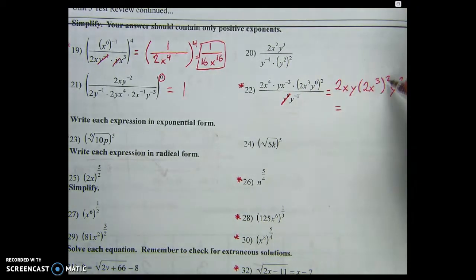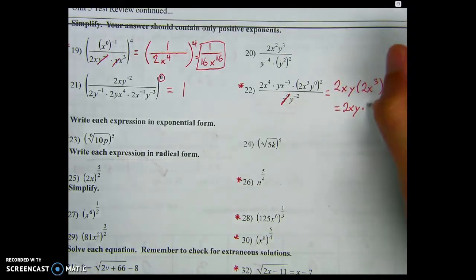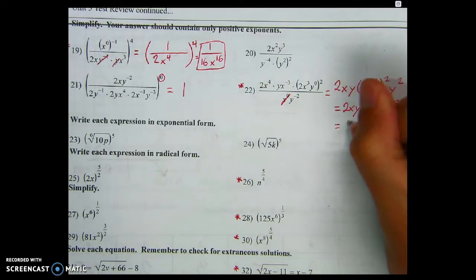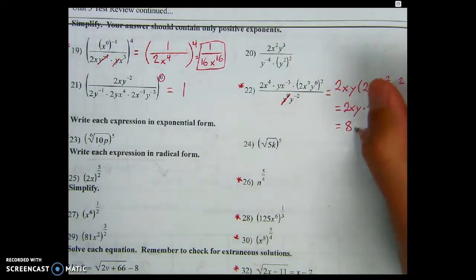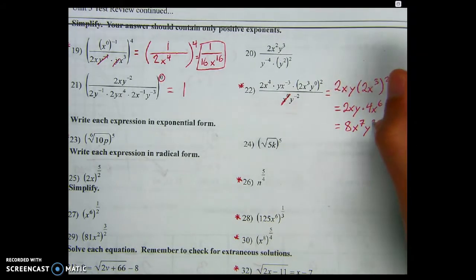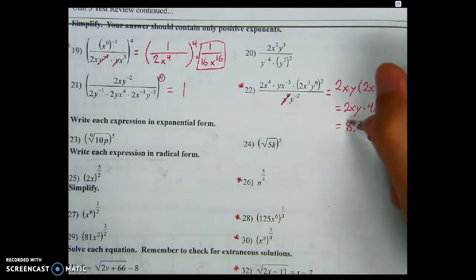Well, all we need to do is distribute this exponent of 2 into the 2, the x, and the x cubed, and we end up with 2xy times 4x to the 6th times y squared, and we combine everything in the end, and we get 8x to the 7th, and then y to the 3rd. Okay, so 8x to the 7th, y cubed.